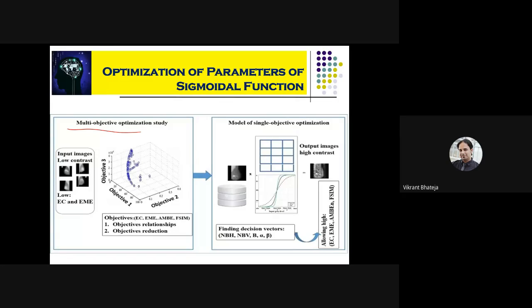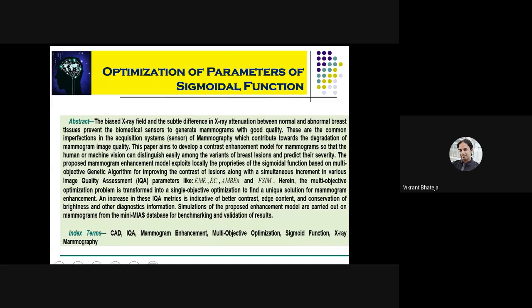You can see just the modification of this sigmoidal function and its optimization, only this much. I have not done any CAD or CADx, just this improved transformation function with optimization by genetic algorithm. This part has recently been accepted in IEEE Sensors Journal, again in this month only, in the month of September.